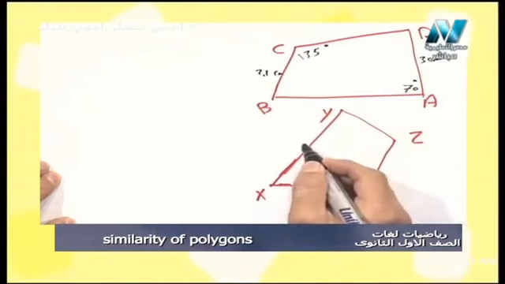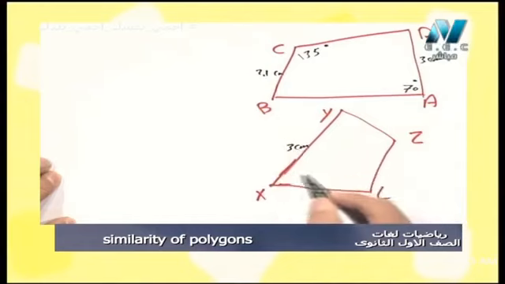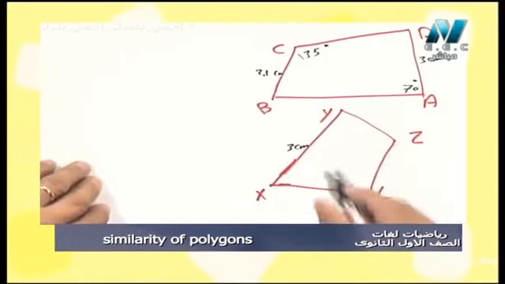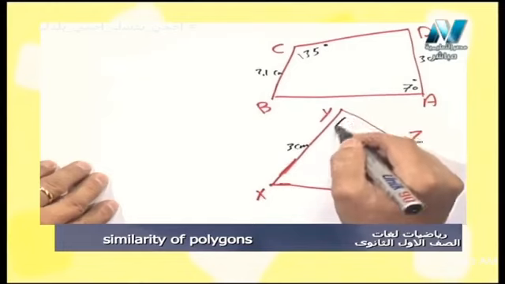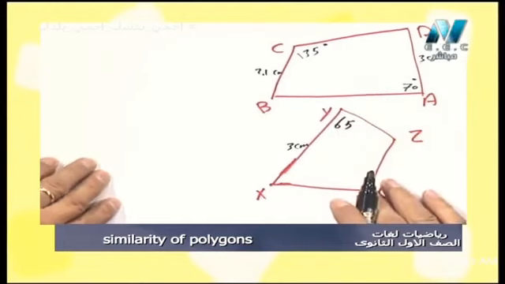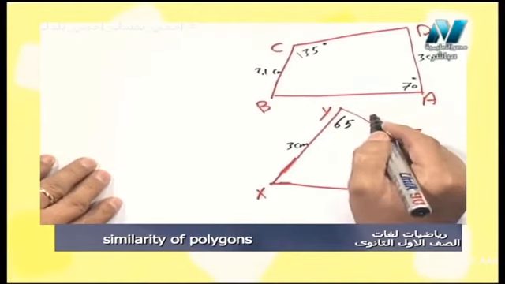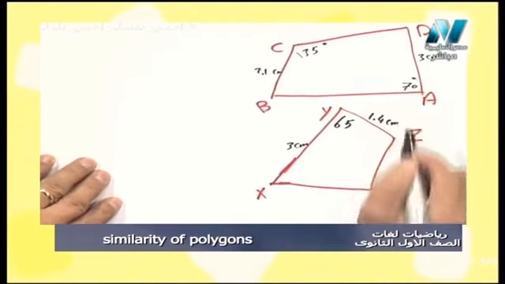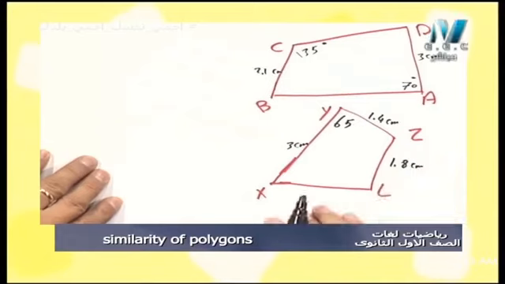And here XY is 3 centimeters. I apologize about the scale, it's not the same, it's just numbers. Okay, and this one is 1.4 centimeters, and ZL is 1.8 centimeters.